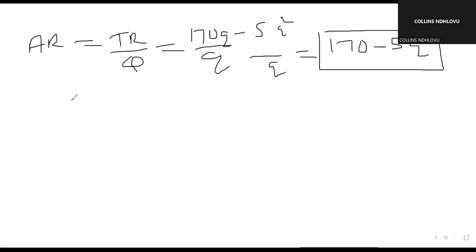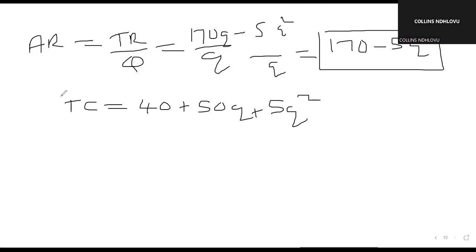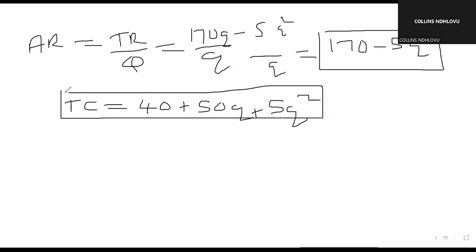All right, so we're also given the total cost as 40 plus 50Q plus 5Q squared. So you need to understand that total cost is a combination of two things. Total cost has the fixed aspect and the variable cost. The fixed aspect is the constant part of it.